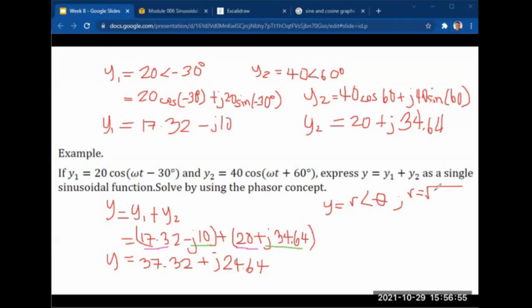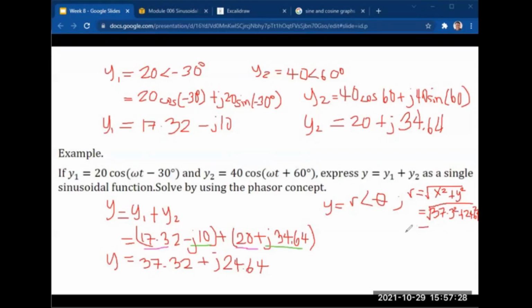Magnitude. Okay, so x squared plus y squared, as we usually use in trigonometry. In this case, 37.32 squared plus 24.64 squared, square root.